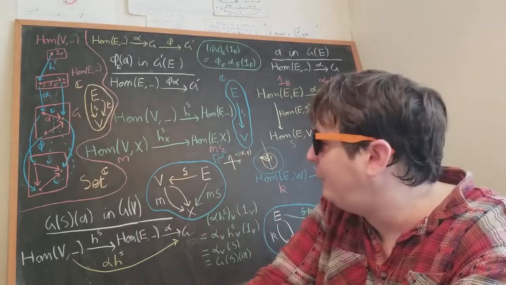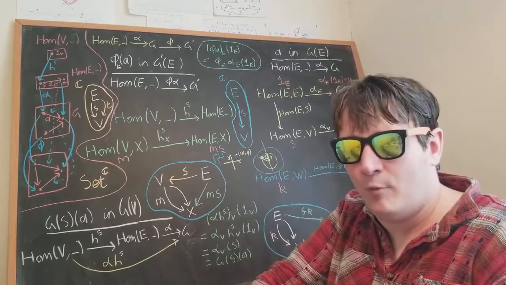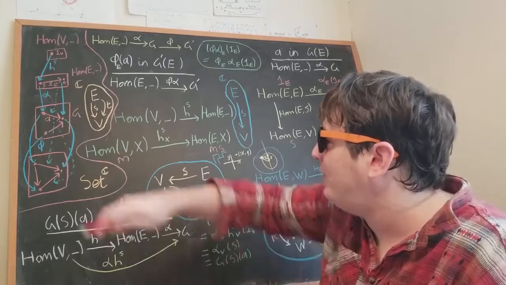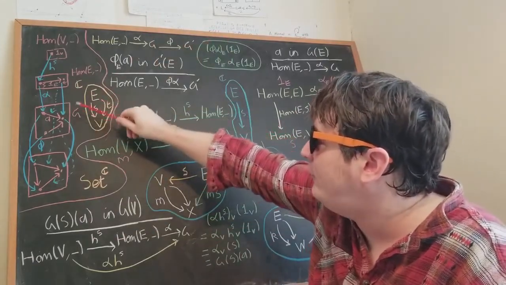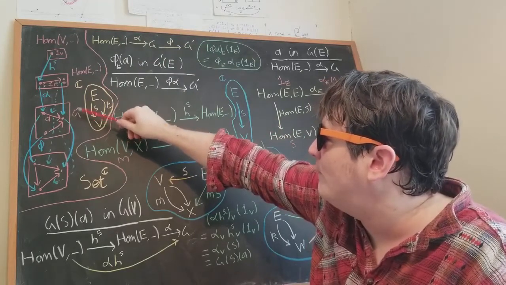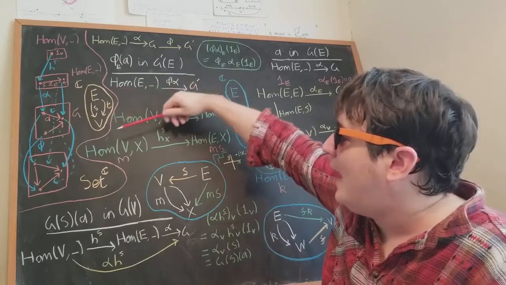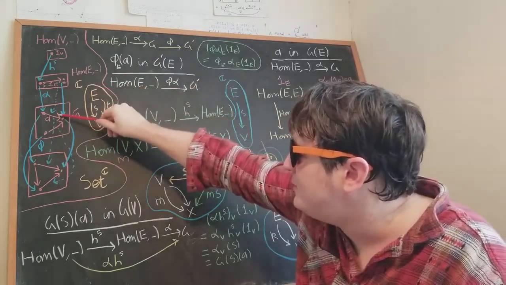I'll have another pass at it and then I'll describe more systematically what I want to say. So basically, think about this category of graphs. Okay, here's a graph. This is a functor from this category C here to set. So it sends E to this set of these two edges.